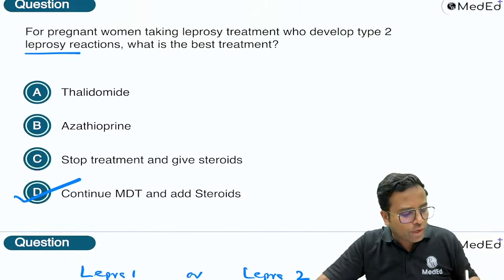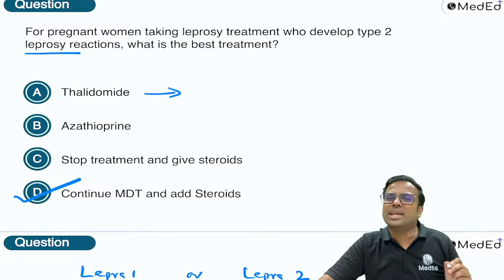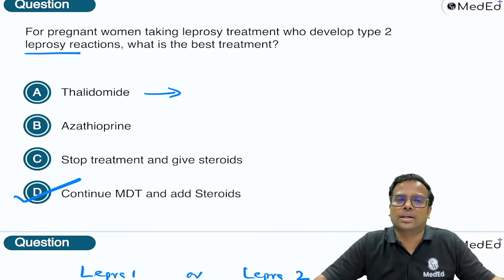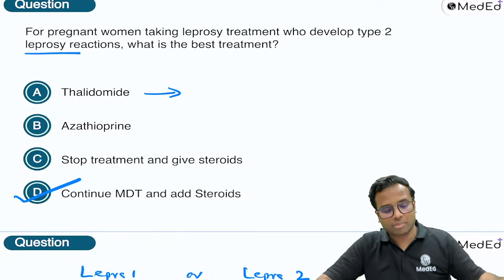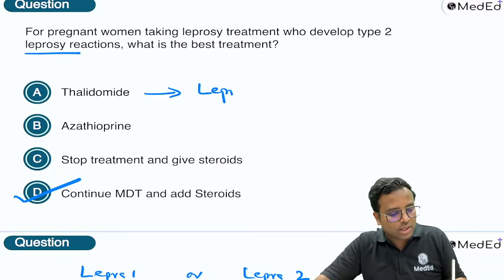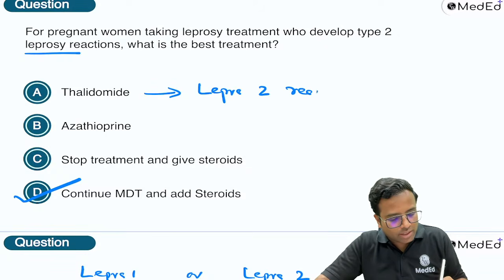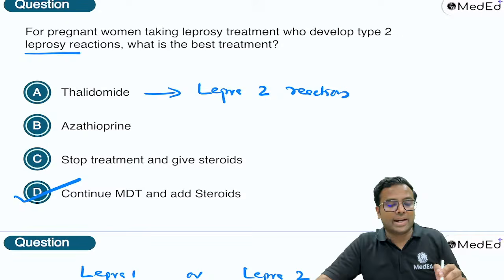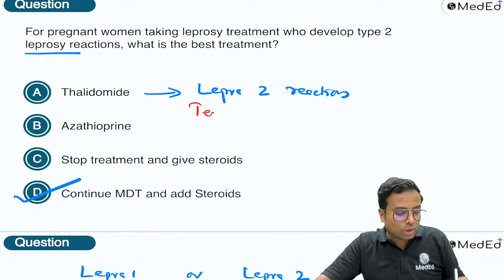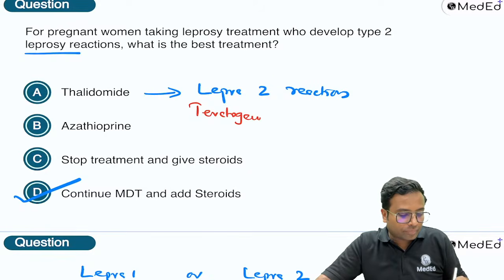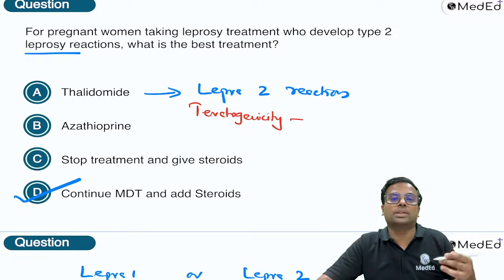Tell me, do we use thalidomide in any type of lepra reaction? Like, do we use it in type 1 or type 2 lepra reaction? Remember, thalidomide is used in lepra 2 reaction. But thalidomide has a problem, teratogenicity, that the babies may be born with some birth defects.